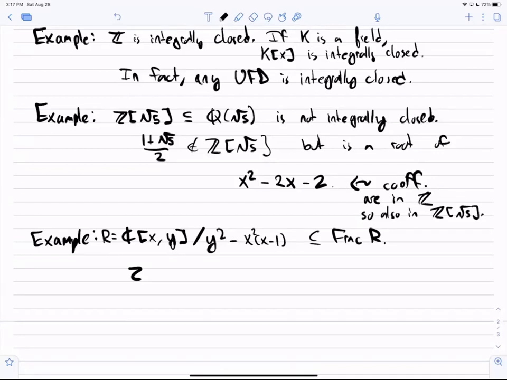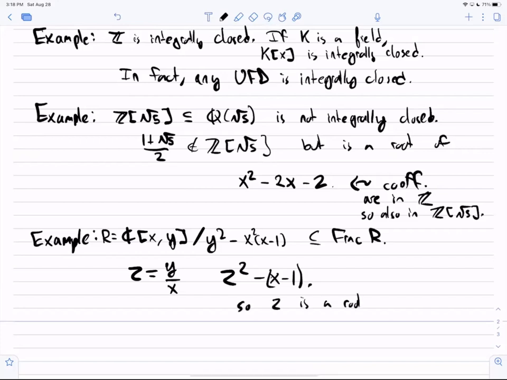Again, this isn't going to be integrally closed. The point is, if I write Z equal to Y over X, then Z² is equal to X − 1, since Y² is equal to X²(X − 1). So this satisfies the polynomial.